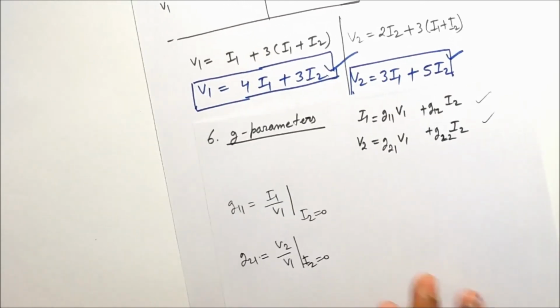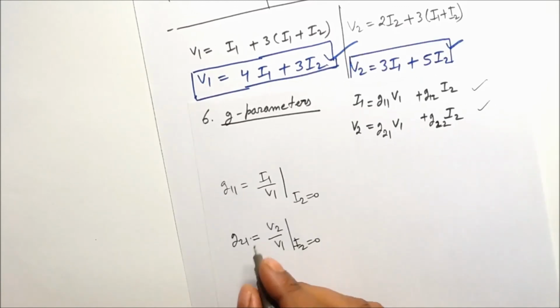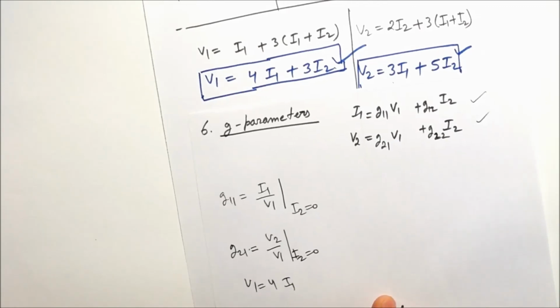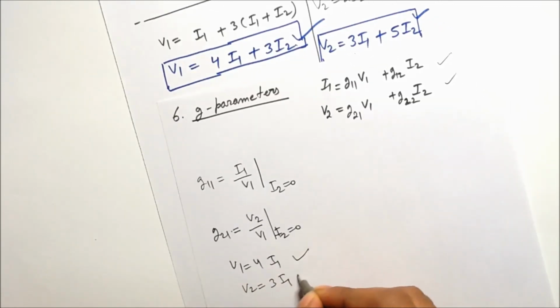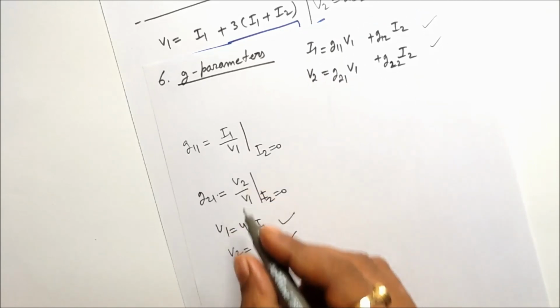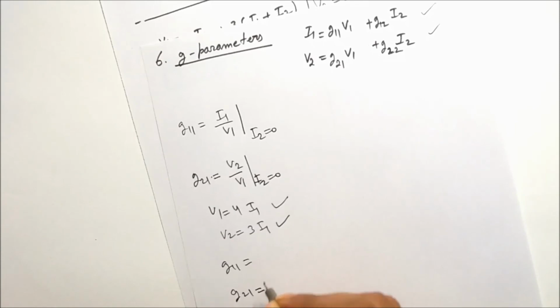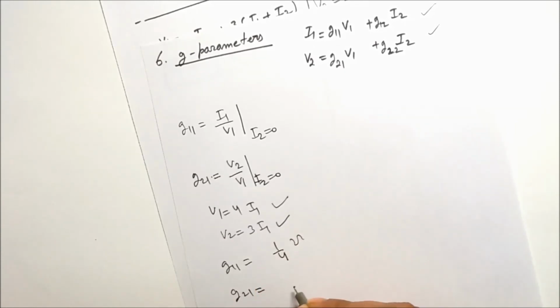So put I2 equals 0 in these two equations. You will get V1 equals 4I1 and V2 equals 3I1. With the help of these two equations you have to find the value of G11 and G21. The value of G11 will be 1 upon 4 and the value of G21 will be 3 upon 4.